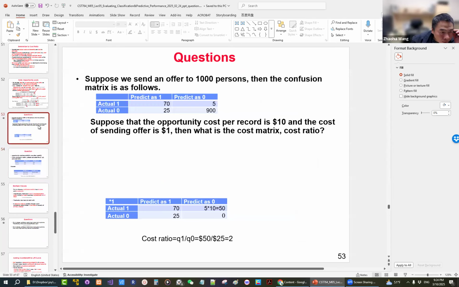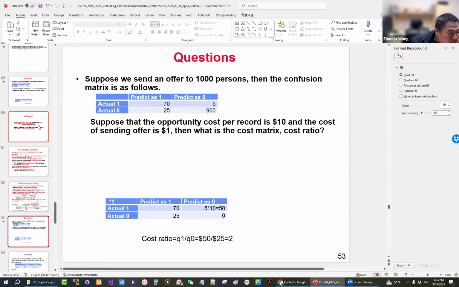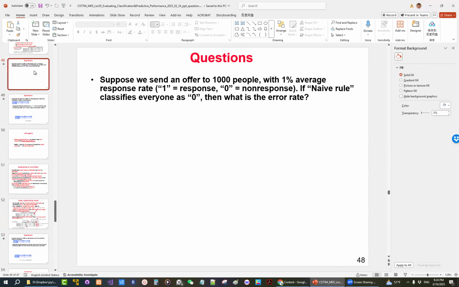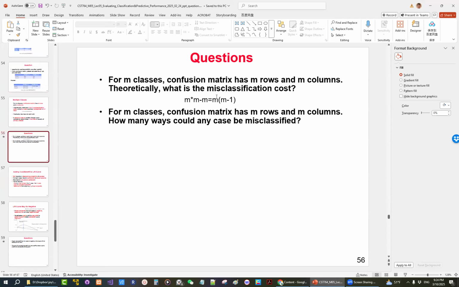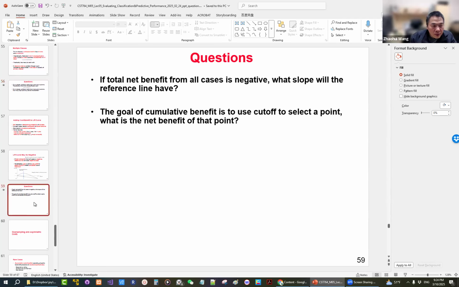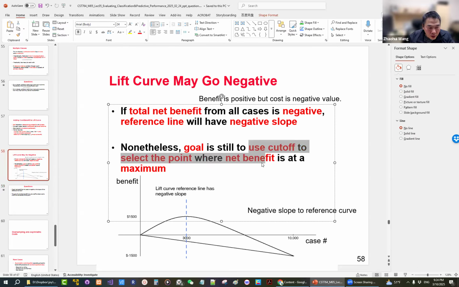What was the net benefit of that point? And you said that's the maximum value. Yes, you're right. Here, the goal is to use the net benefit at the maximum.